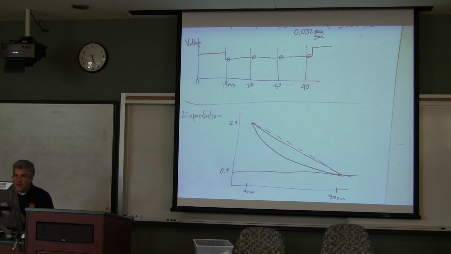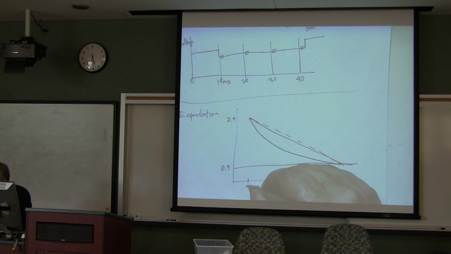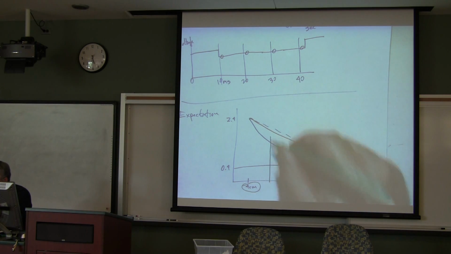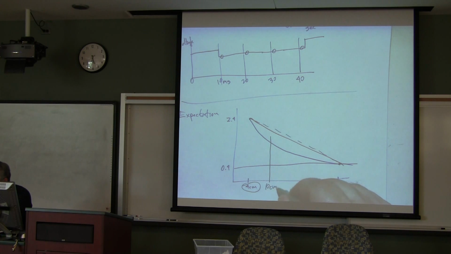So perhaps you can write a small little LabVIEW program to say, all right, I'm going to hold something 4 centimeters away, now measure it. Now I'm going to hold something 10 centimeters away, now measure it. Now 20 centimeters away, now measure it. And now 30 centimeters away, now measure it.